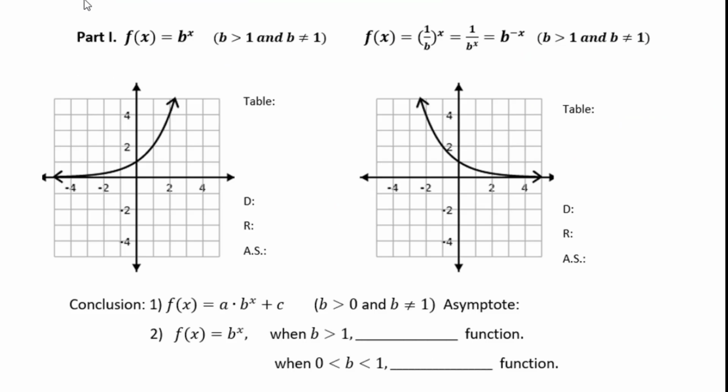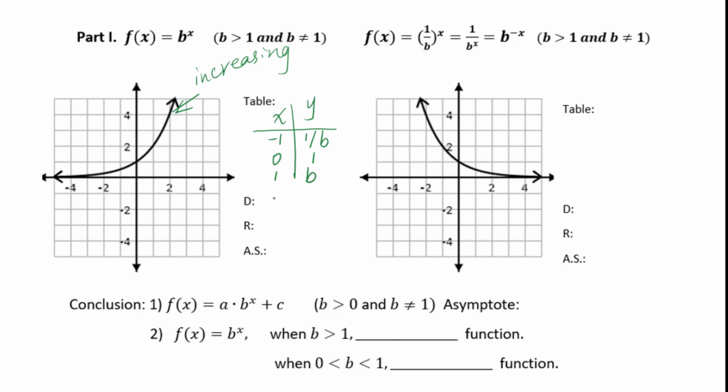Look at part 1. f of x equals b to the x power, b greater than 1. The graph will be like this. You could say this is an increasing function. We will create the table x, y: negative 1, 0, 1, and y is 1 over b, 1, and b.